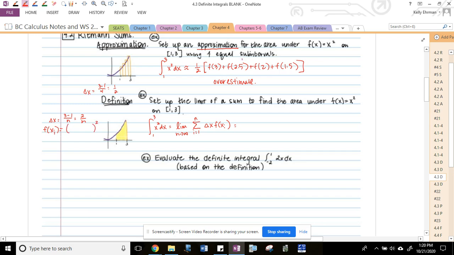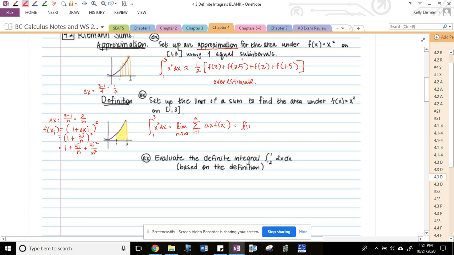It always starts at the beginning of the interval, which is 1. Add to that delta x times i, and then substitute in for delta x, 2 over n times i, and then it's worth your while to go ahead and square that out. 1 plus 4i over n plus 4i squared over n squared.